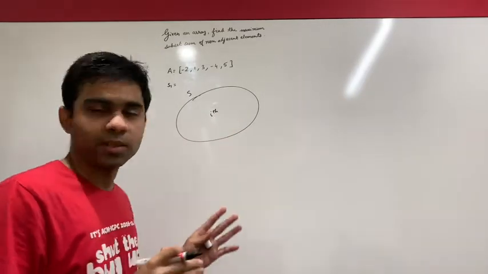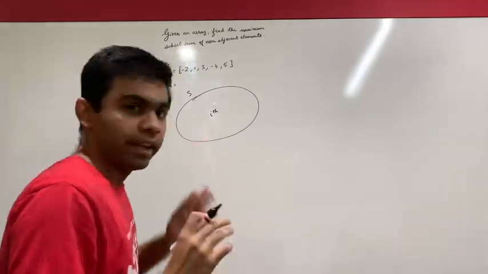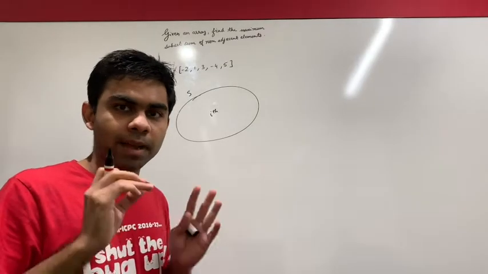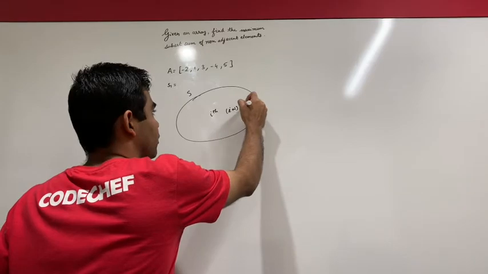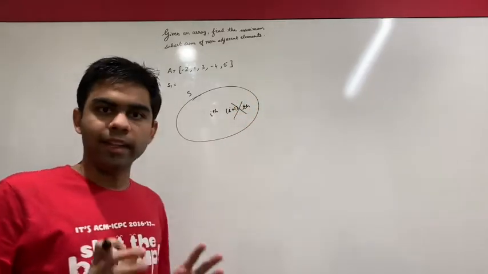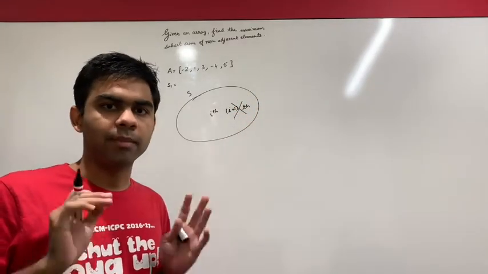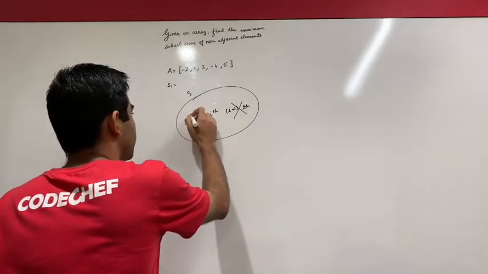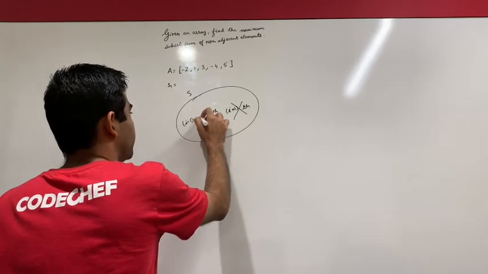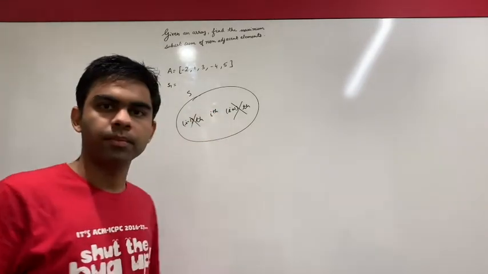Definitely, as the problem statement goes, I cannot choose the element at the I plus 1th index. And likewise, I cannot choose the element at the I minus 1th index. So I can't choose this.